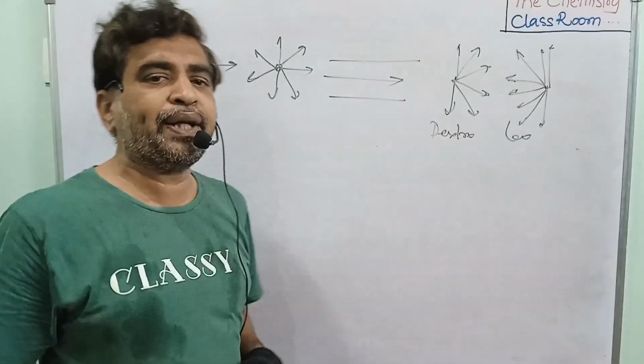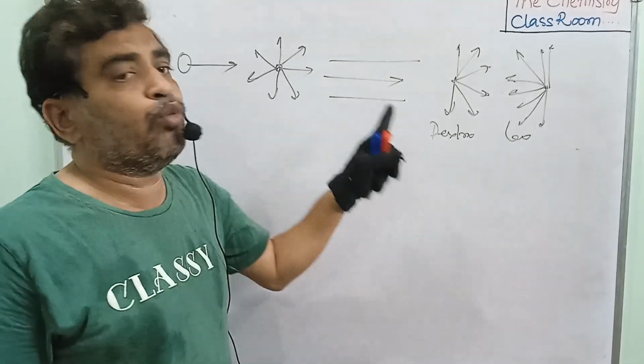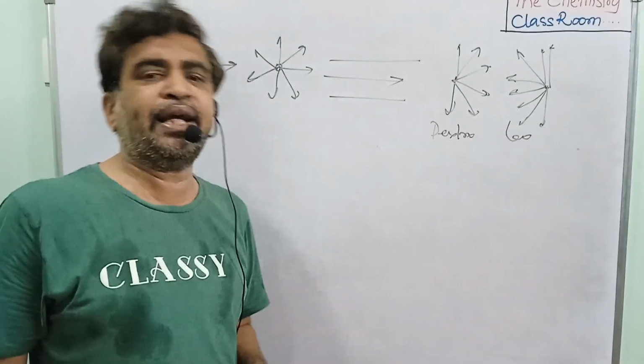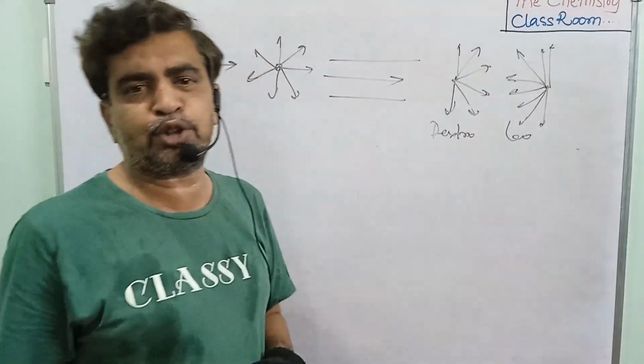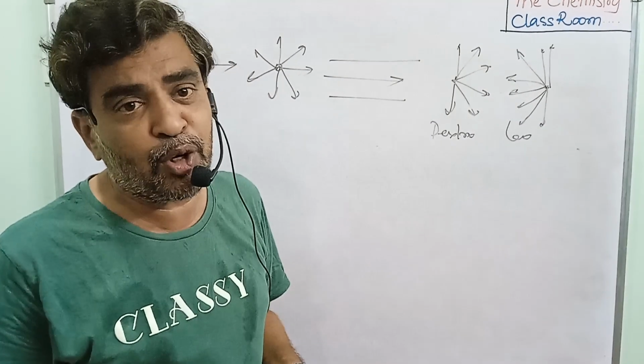If the compound is optically active, it will rotate the plane polarized light in one direction, either clockwise or anti-clockwise. If it is in the clockwise direction, the compound is a dextro compound. If it is in the anti-clockwise direction, the compound is a levo compound.